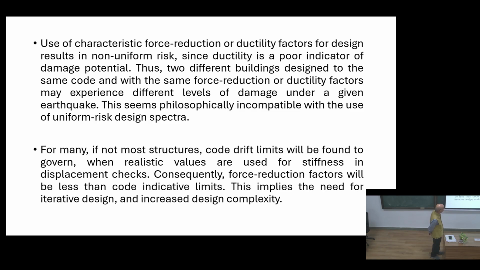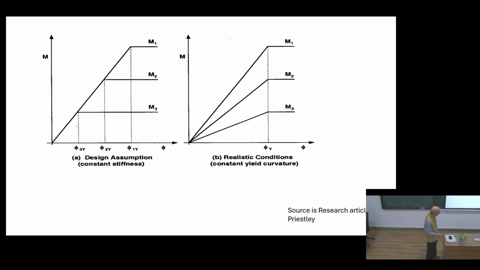I understand, okay. So Priestley has done extensive work on this concept. If you look at this curve, this is a moment curvature relationship. Yesterday Professor Datta was mentioning it.